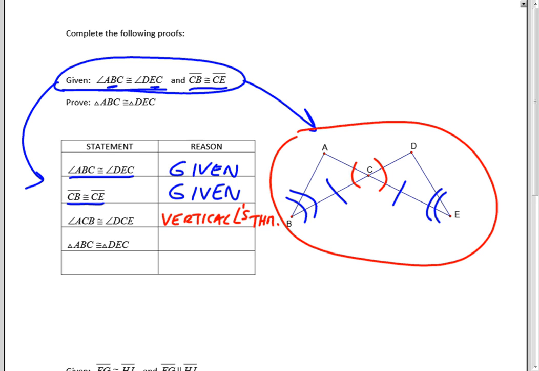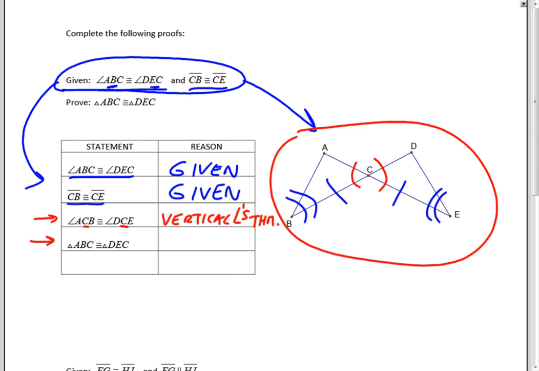What does THM stand for? Theorem. You're just putting it down line by line as you're thinking. But make sure that you're actually looking at vertical angles. What's the middle letter here? C, C. So we're talking about the two angles right in the center. That looks correct.